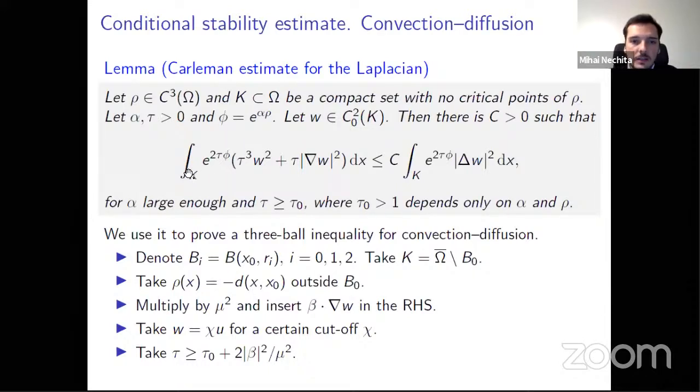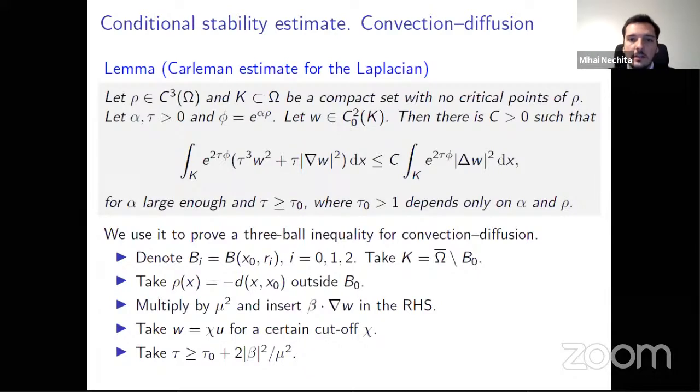And what we have here written is a standard form of a Carleman inequality, in which the Laplacian is on the right-hand side, and you see these exponential weights. This holds for some large parameters, alpha and tau. This one is a standard inequality, as I said, and can be used to write down a quantitative unique continuation estimate for the Laplacian.